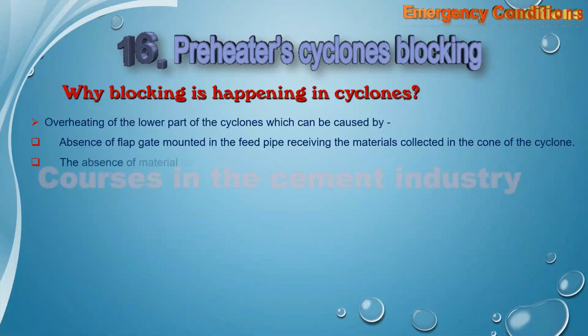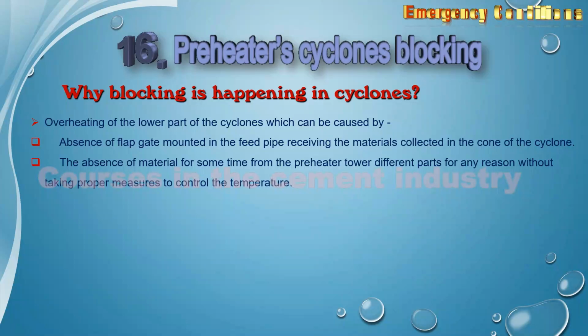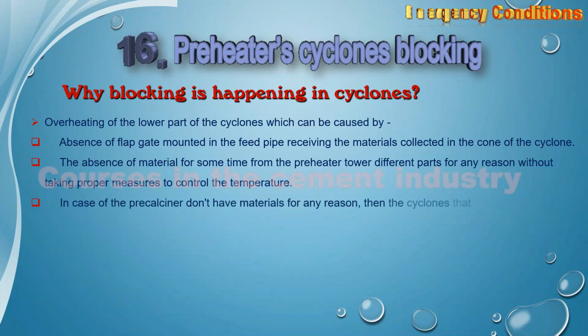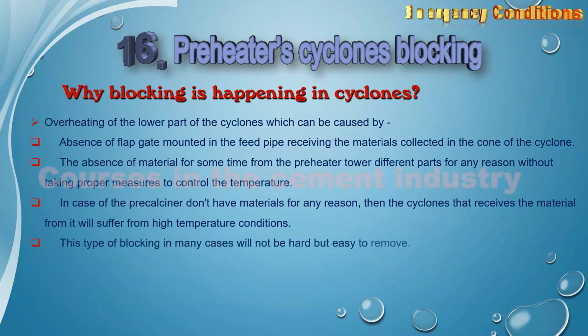The absence of material for some time from different parts of the preheater tower, for any reason, without taking proper measures to control the temperature. c. If the precalciner doesn't have materials for any reason, then the cyclones that receive the material from it will suffer from high temperature conditions. This type of blocking in many cases will not be hard but easy to remove.